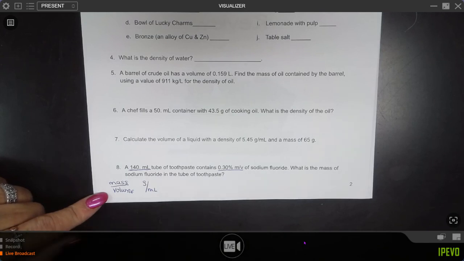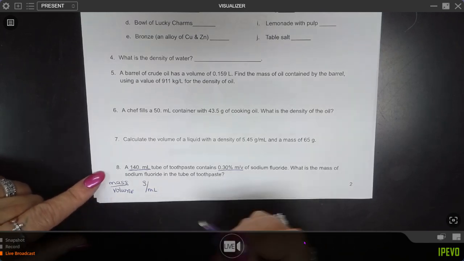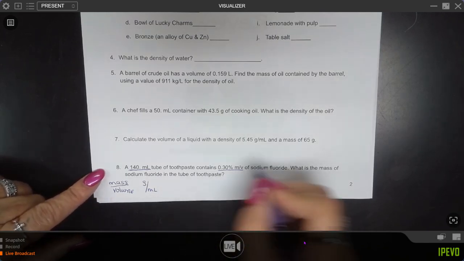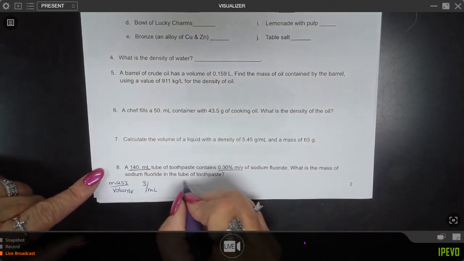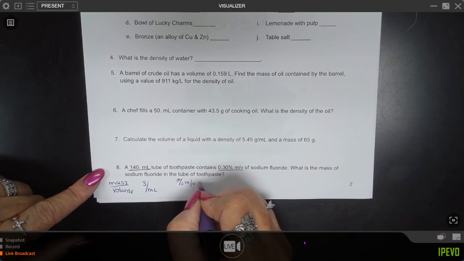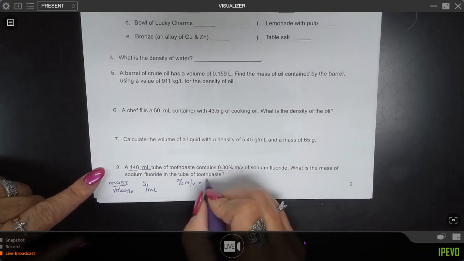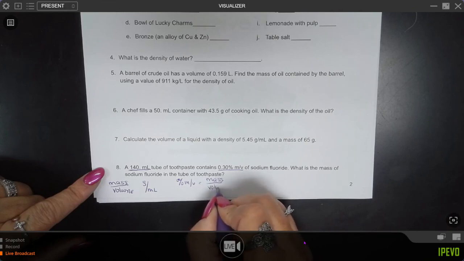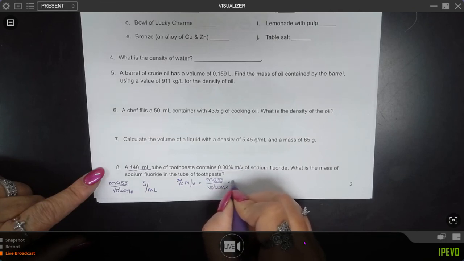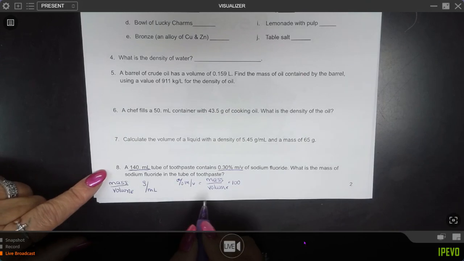This is a common way that some of these things are done. So the formula is literally percent mass to volume is equal to mass over volume times 100. Okay, so we're just going to plug these things into this formula.